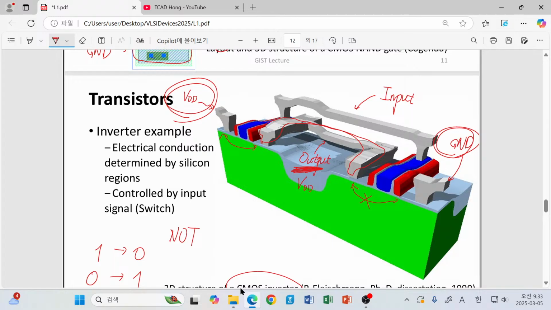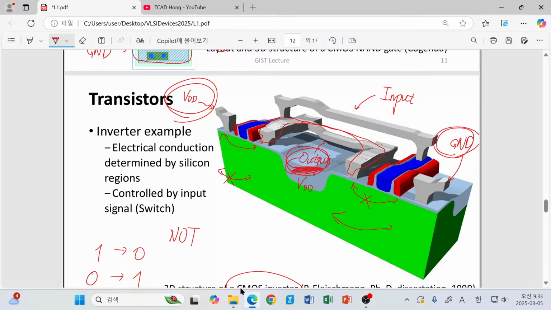On the other hand, if we make the disconnection between VDD and the out node, and at the same time make the electrical connection between the output node and ground, then our output voltage will be just 0, and this is just the output of our inverter.